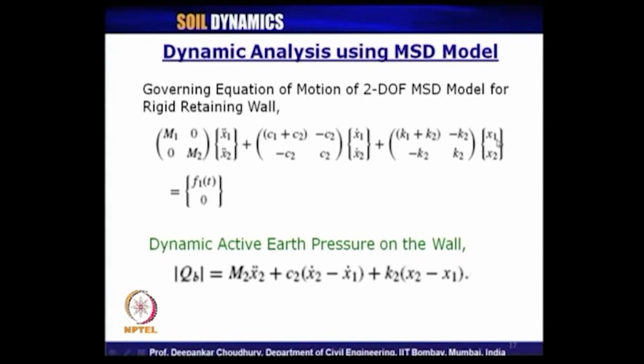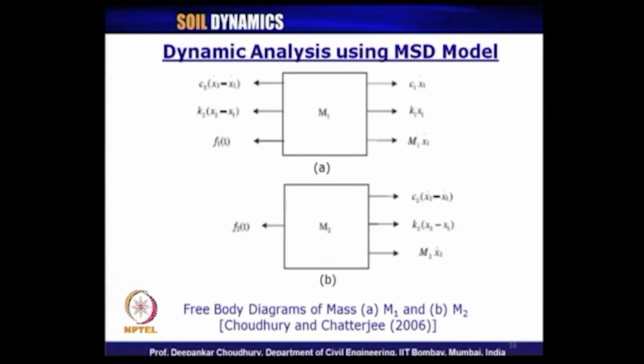So, in matrix form we need to determine x1 and x2, and the dynamic active earth pressure on the wall has to be calculated based on QB. Remember, QB is nothing but the sum of the forces coming here: the inertia force, stiffness force and damper force.